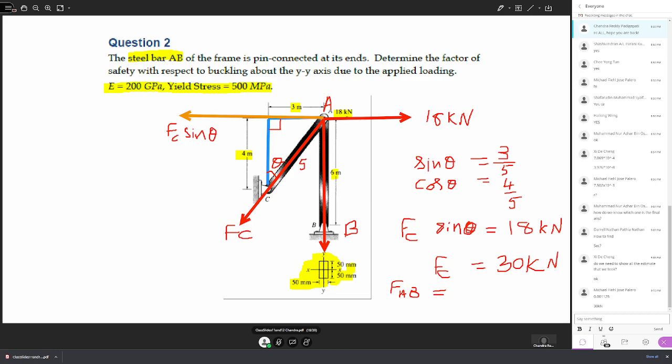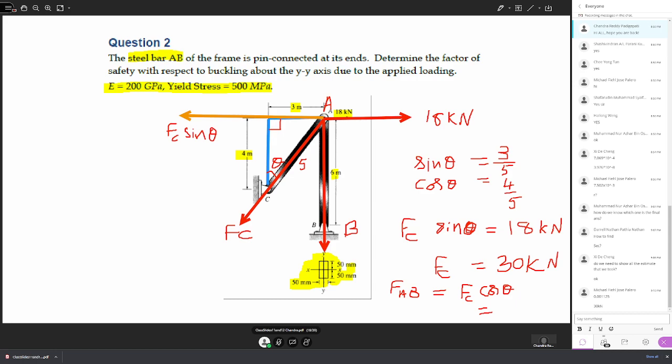So for this, FAB will be, so you can write FC into cos theta. So the vertical component of this will be FAB. So you can calculate FAB. How much will it be?